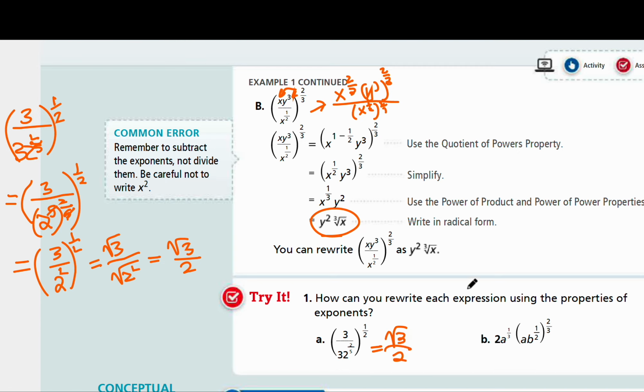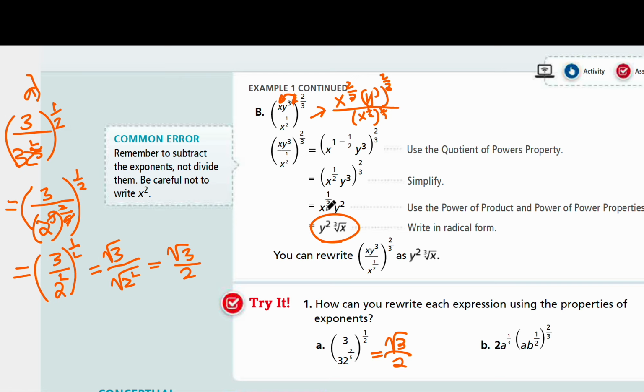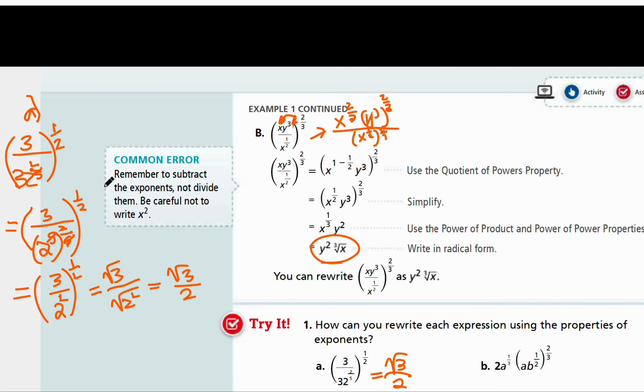And then let's look at part B. So that was part A. Let me write it on top here. So part B, we have 2a to the power of 1 over 3 times ab to the power of 1 over 2, all to the power of 2 over 3.